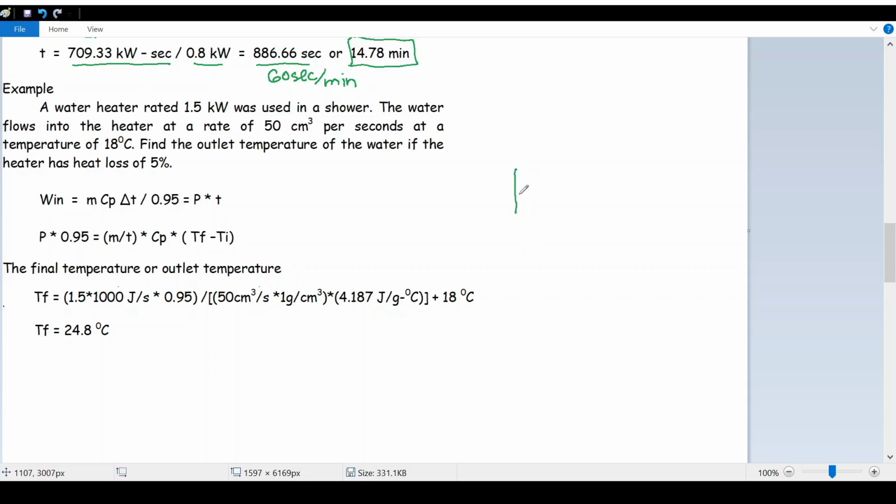So we have here a water heater, and water with a flow rate of 50 cubic centimeter per second enters into the heater and leaves at the other side at the same rate.